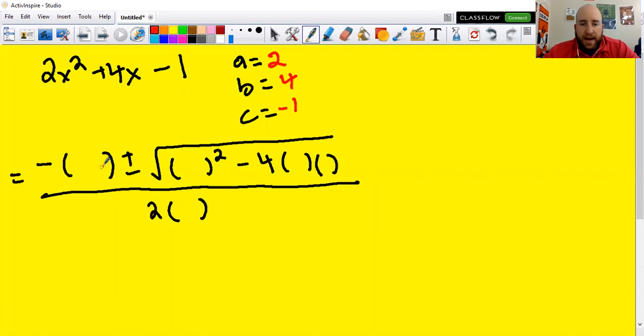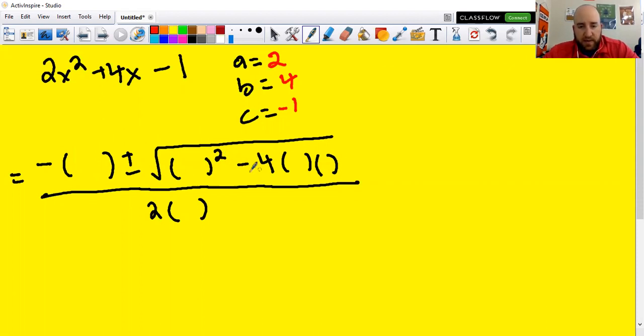So again, I don't have the formula written now. You should have it off to the side. And y'all can see I already have this kind of written out for each problem going forward, just to make it a little quicker for me, so you don't have to sit here and watch me write it. But again, you're going to fill this out. Instead of negative b, negative parentheses, plus or minus square root. Instead of b squared, parentheses squared.